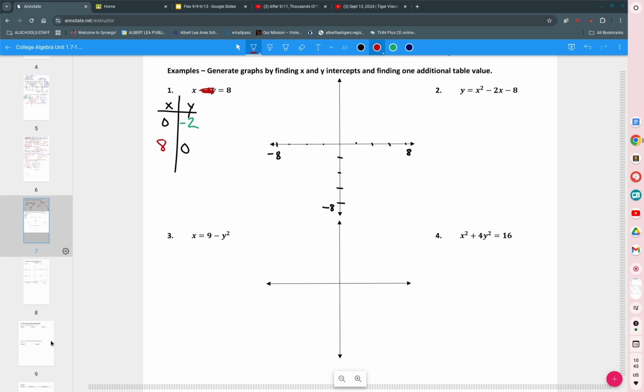So I plot negative 2 for the y. I plot 8 for the x. I draw my line. Simple enough?